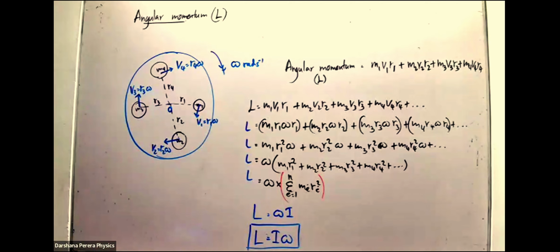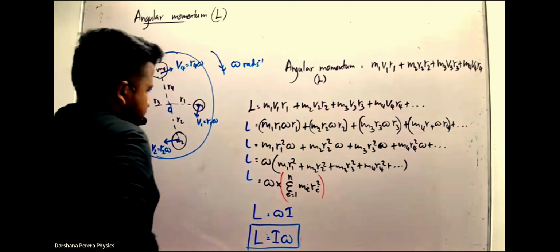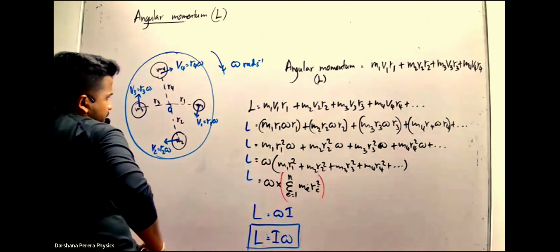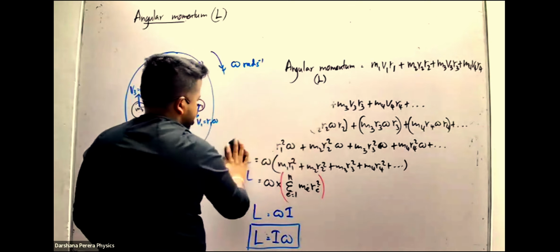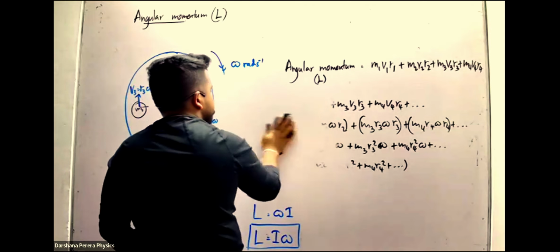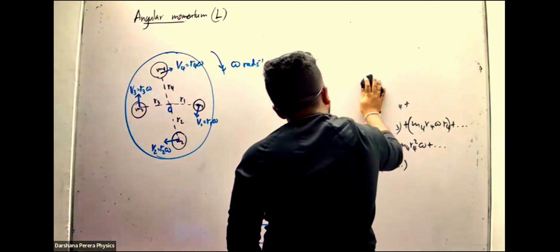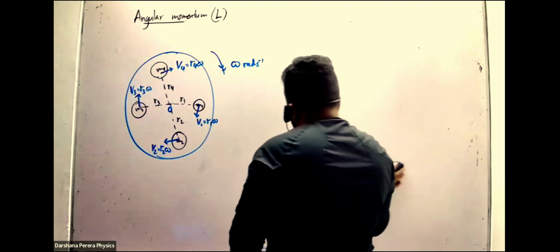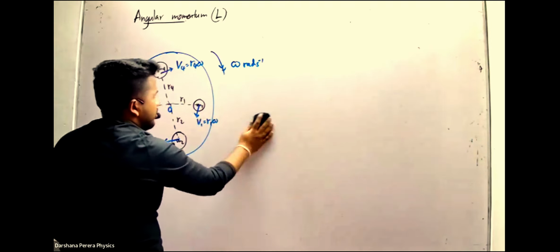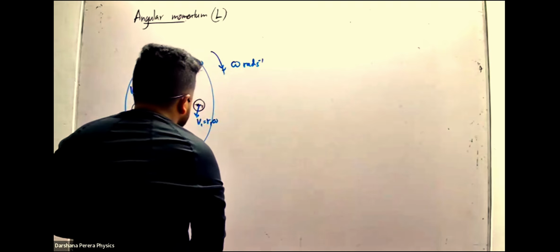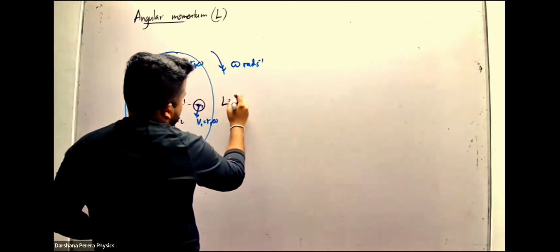When an object rotates with angular velocity omega, let's think like this. When an object rotates with omega angular velocity, we can simply say L equals I omega.